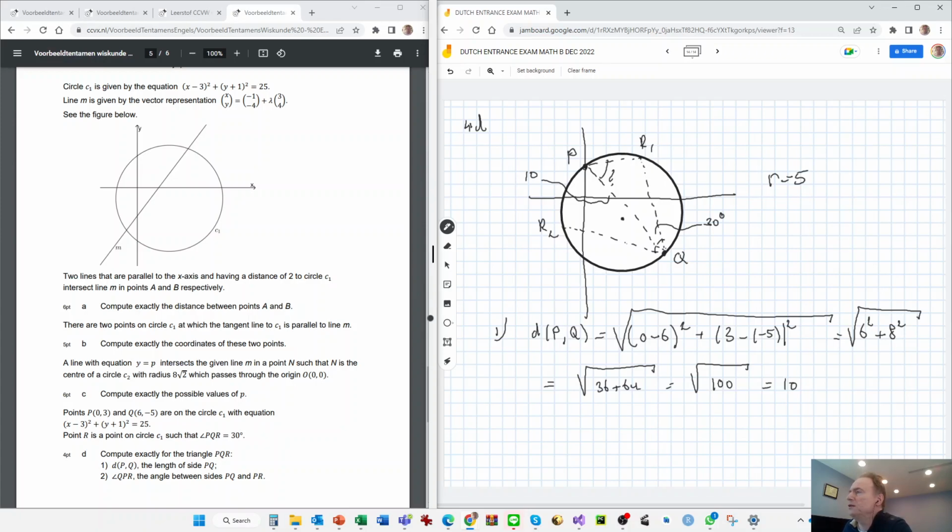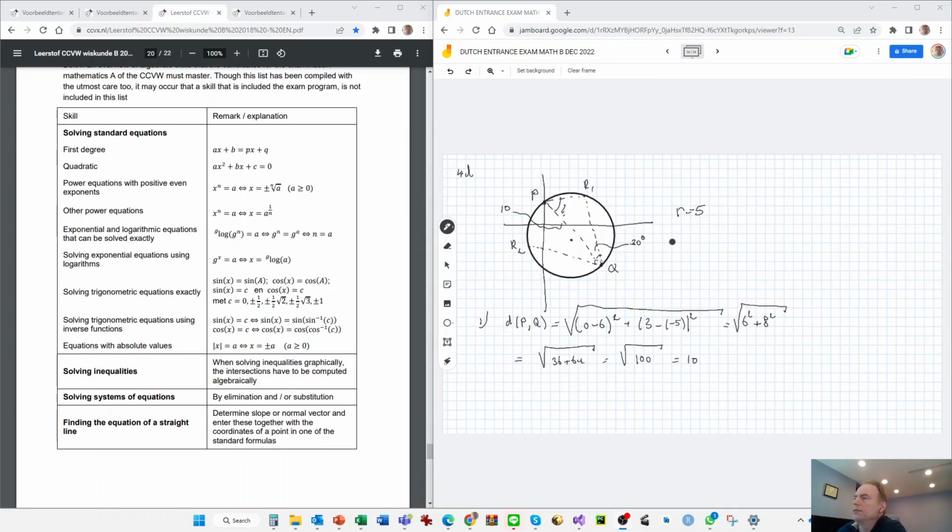And this distance from P to Q is 10. So actually that means, since the distance is twice the radius, PQ has to be a so-called diameter of the circle. Or basically it goes through the center of the circle.